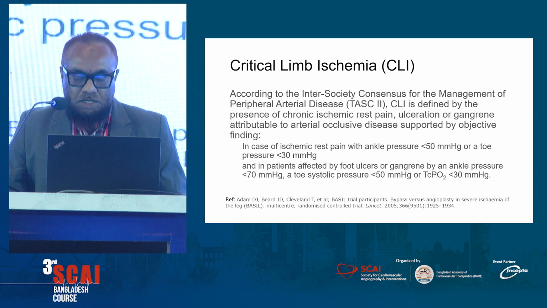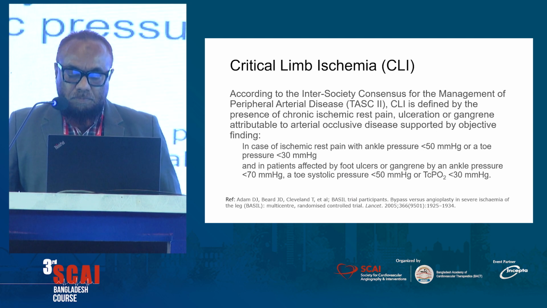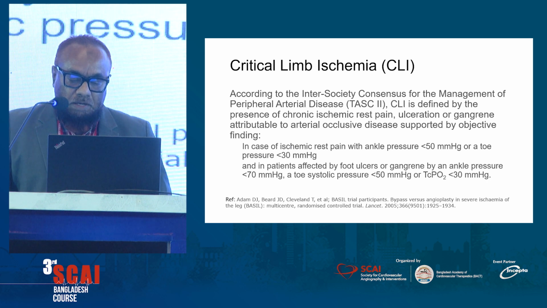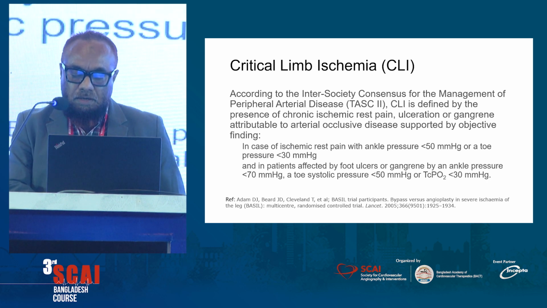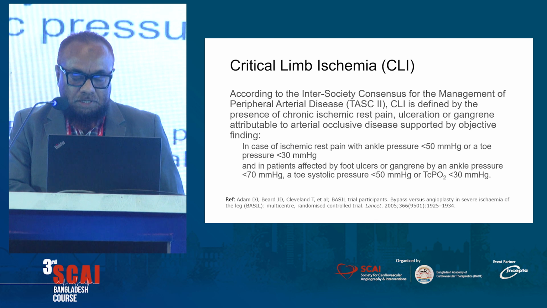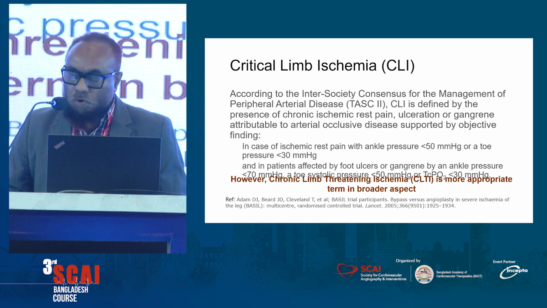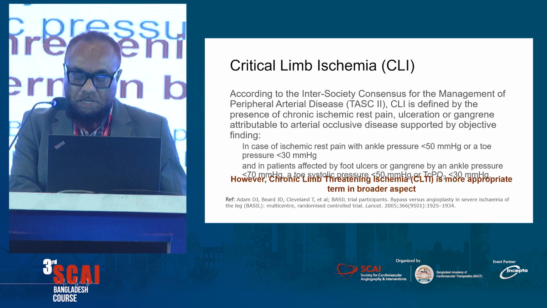In case of ischemic rest pain, ankle pressure less than 50 or toe pressure less than 30, and in patients affected by foot ulcers or gangrene, an ankle pressure less than 70 and toe systolic pressure less than 50 or TcPO2 less than 30. However, chronic limb threatening ischemia is a more appropriate term for these conditions nowadays.